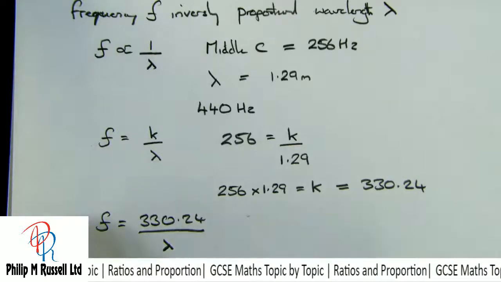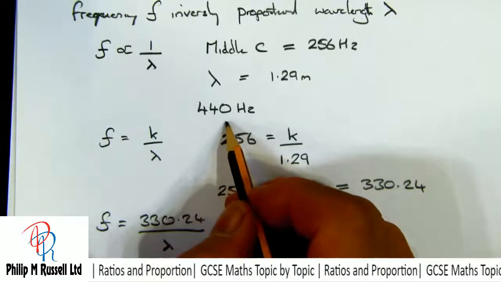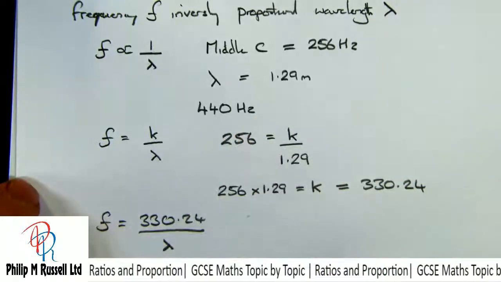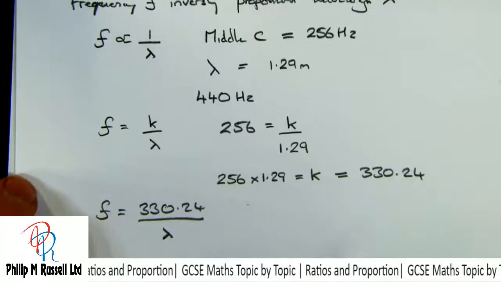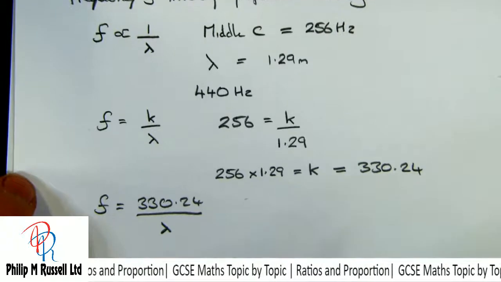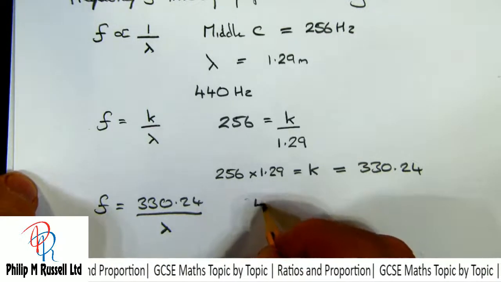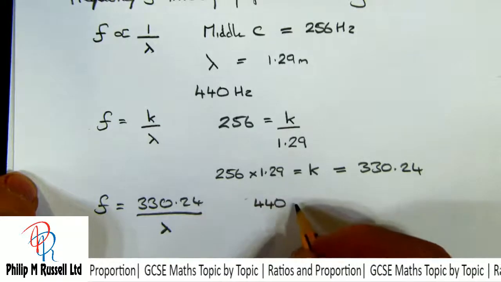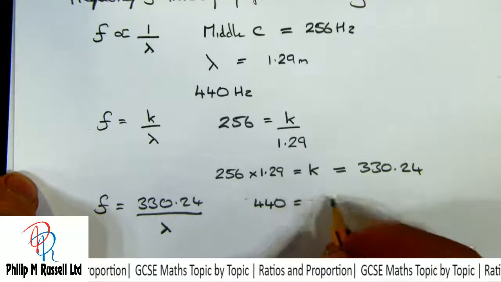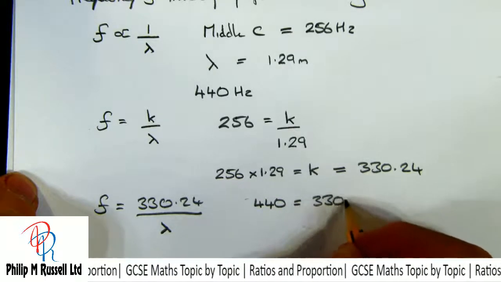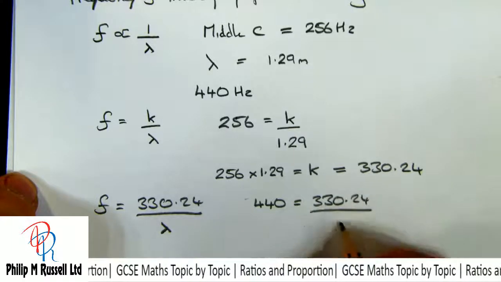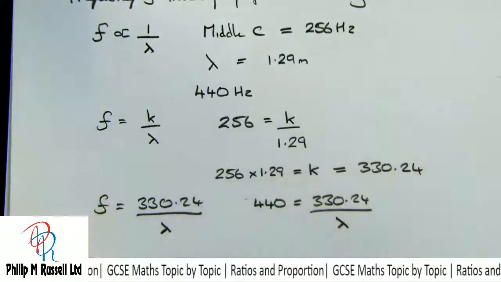Now we're asked to work out what the wavelength is for 440 Hertz. So I've got here 440 Hertz equals 330.24 divided by lambda.